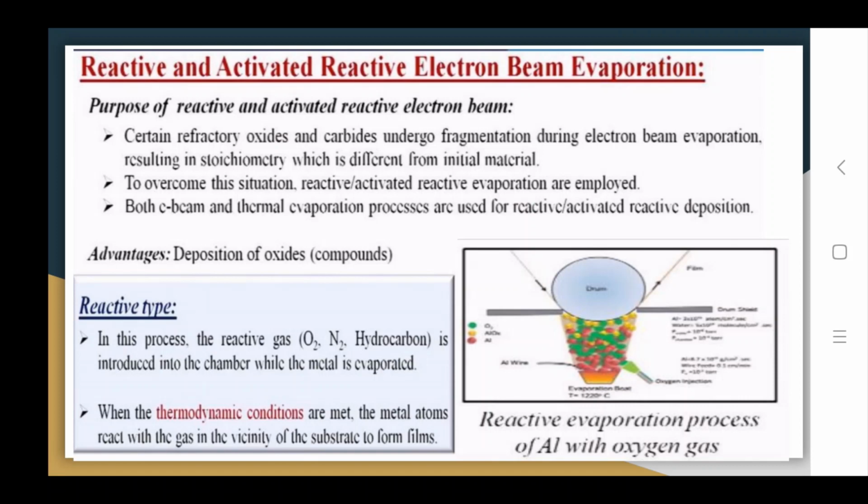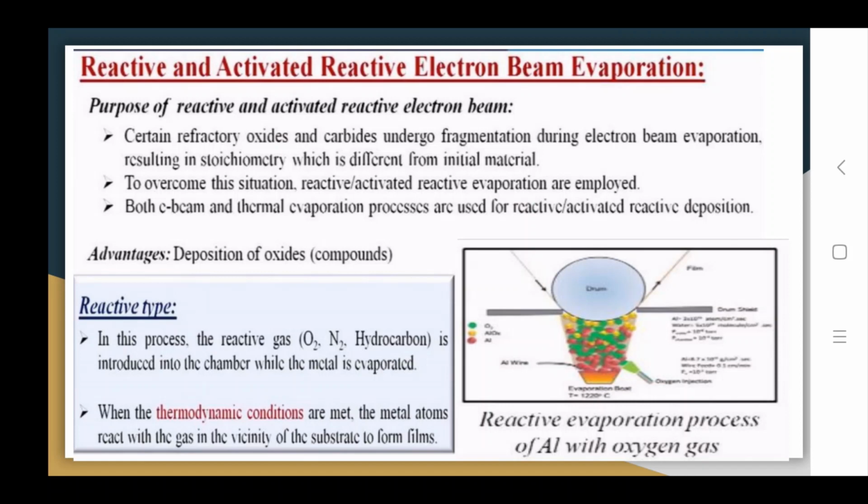What are the advantages? Deposition of oxide compounds we can do. What is the reactive type? In this process, a reactive gas, generally oxygen, nitrogen, or hydrocarbon, is introduced into the chamber while the metal is evaporated. When the thermodynamic conditions are met, the metal atoms react with the gas in the vicinity of the substrate to form a film.